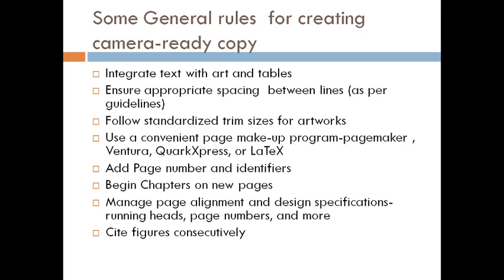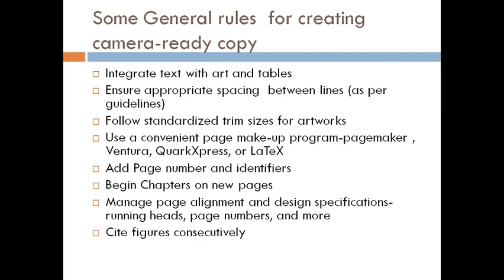It uses a convenient page maker program, PageMaker, Ventura, Quark Express or LaTeX, and it adds page numbers and identifiers. It also begins chapters on new pages, manages page alignment and design specifications, all those running heads, page numbers and more. And it also cites figures consecutively.